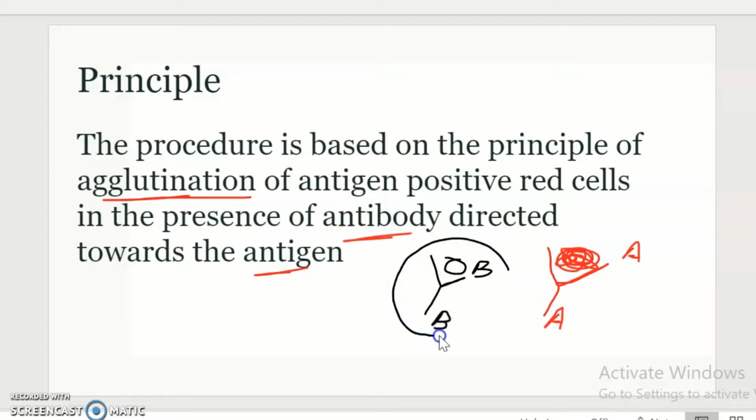When this happens, you will see agglutination, and agglutination means the positive reaction.